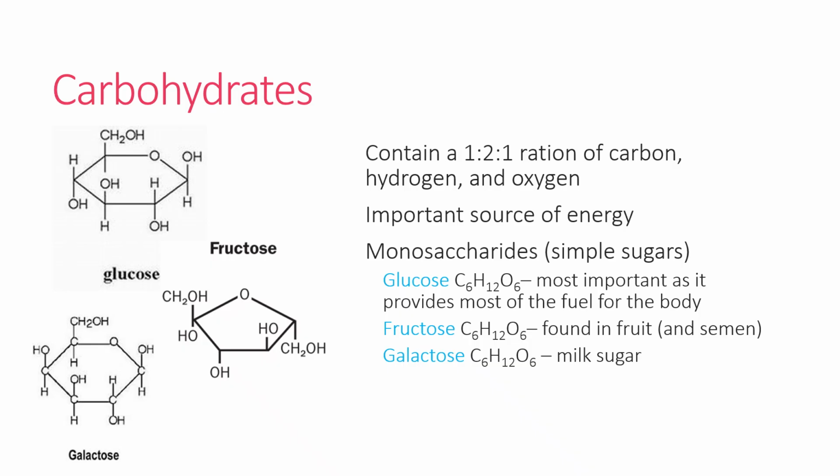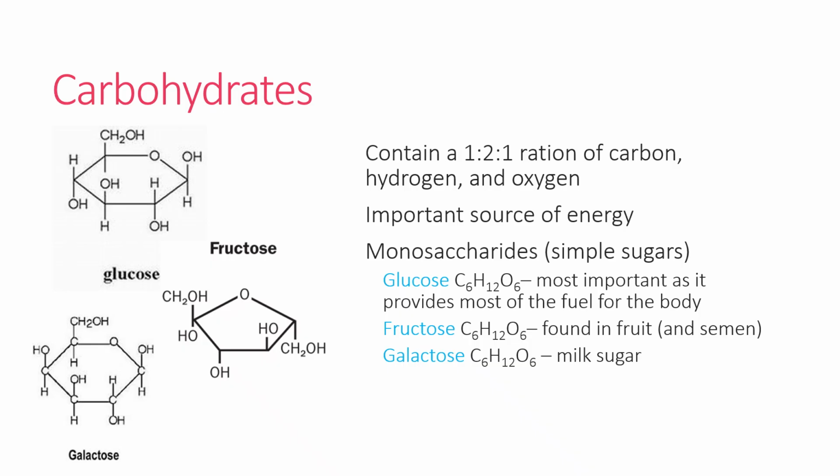When we look down here at a few examples of our monosaccharides, we'll get to that in a second, you notice C6H12, so we have twice as many hydrogens as carbons, and the same number of oxygens as carbons, so C6H12O6. This is the basic setup of our carbohydrates: a 1 to 2 to 1 ratio of carbon, hydrogen, and oxygen.